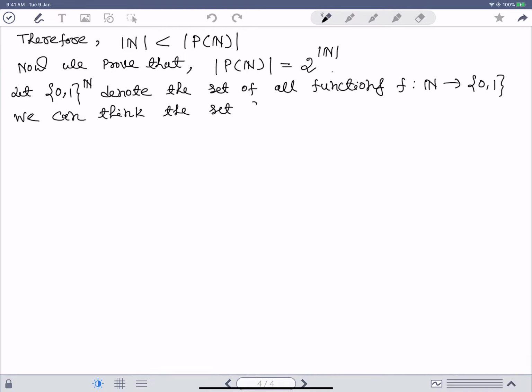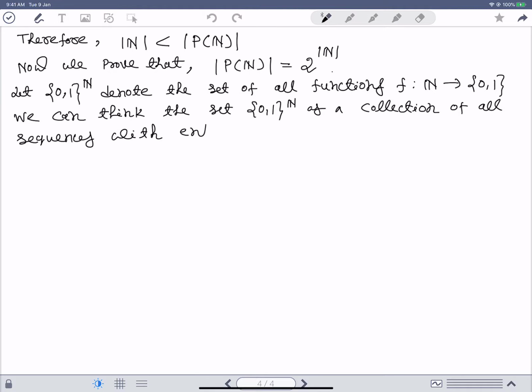as a collection of all sequences with entries 0 and 1, right?